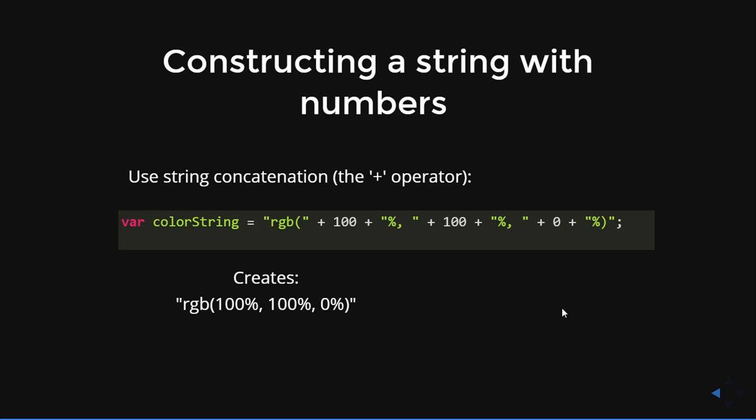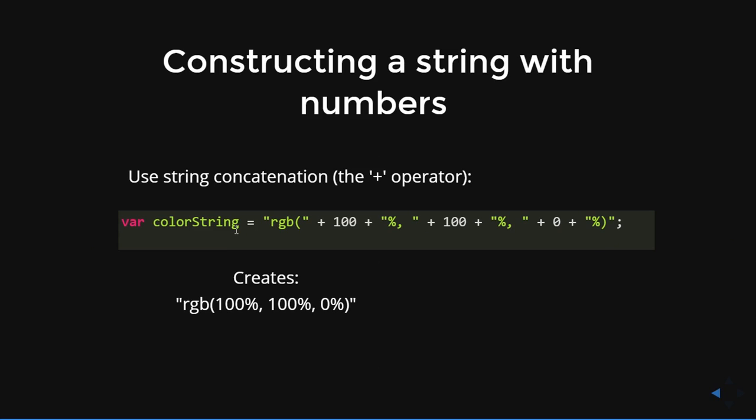So how could we create an RGB string for doing some styling with color if what we actually have are numbers and not strings that represent those colors? And this is how we do it. We use the concatenation operator with strings and numbers. And as we saw, this concatenation operator converts numbers into strings first and then concatenates them into a coherent string by placing them end to end.